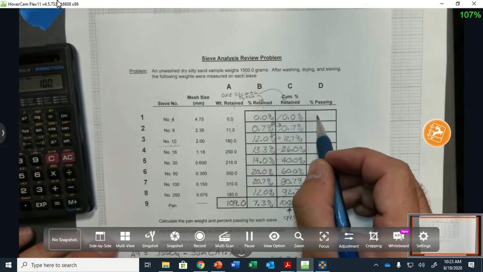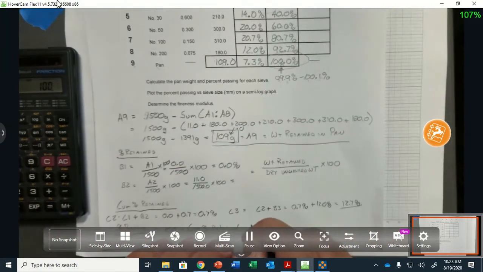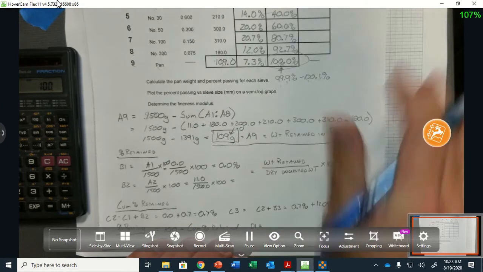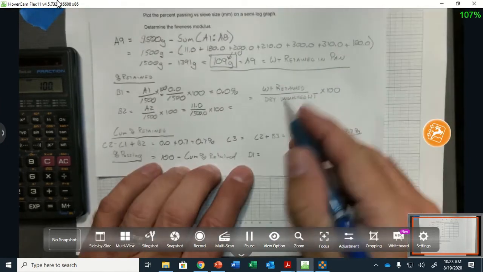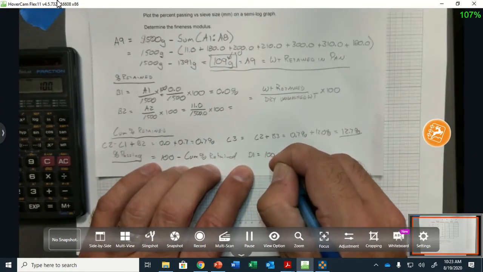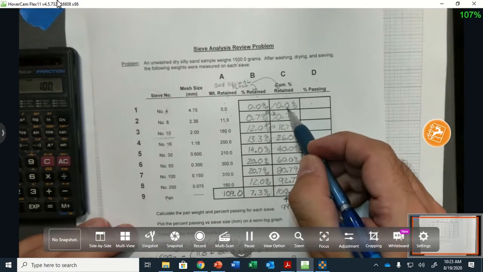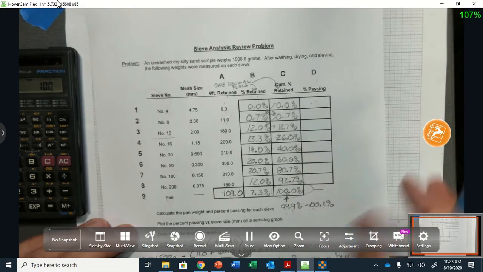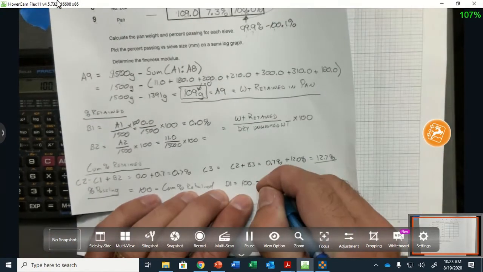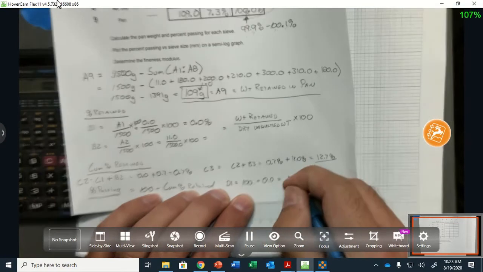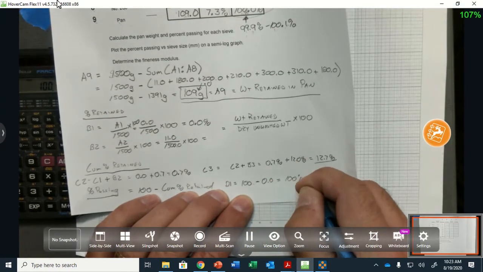Okay, so if I want to calculate D1, equals 100 minus 0.0, and that equals 100%.